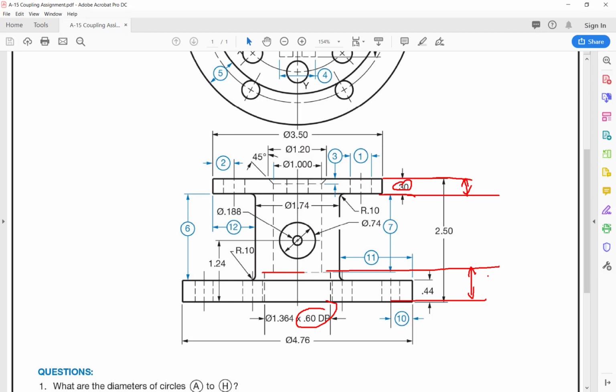So the depth is 0.6. This one's 0.3. So 2.5 minus 0.3 minus 0.6, essentially it's 0.9. We get that's equal to 1.4 inches. So 7 is equal to 1.4 inches.